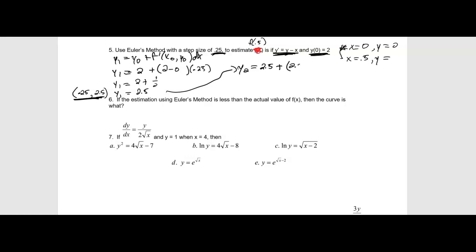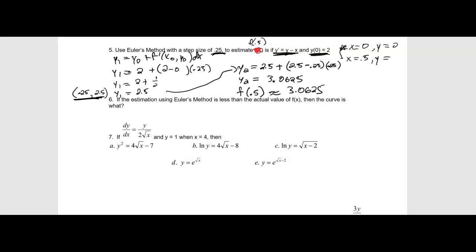So we would do the y coordinate of 2.5 minus the x coordinate of 0.25, and then our step size is still that 0.25. Evaluate that, and we should get 3.0625. So my approximate value for the function at 0.5 should be 3.0625.